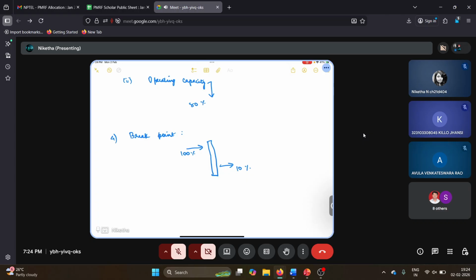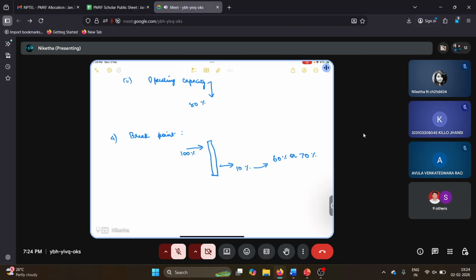What happens in breakpoint is that after a certain stage of using the same resin over and over again, this concentration will slightly increase. Maybe it will become 60% or 70%. This increased concentration will not be according to the norms.